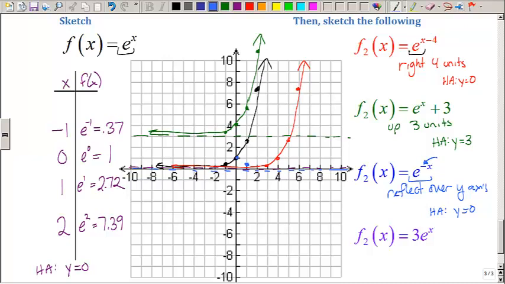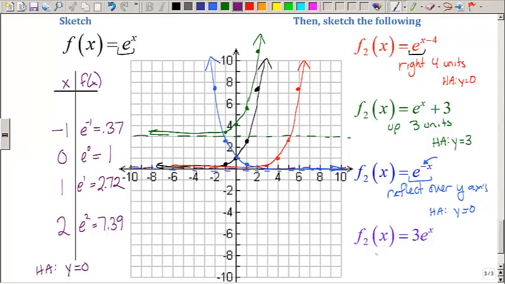At 1, 2.72, when I reflect over the y-axis, I'm left at negative 1, 2.72. And at 2, 7.39, when I reflect over the y-axis, I'm at negative 2, 7.39. Sketch using your same horizontal asymptote, y equals 0, and I have a new transformed function.